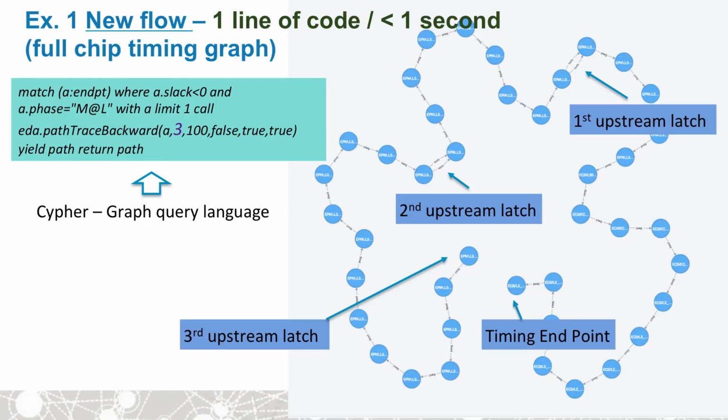Now in the new flow using Neo4j, now that we've got all of the data imported into a live graph database, everything I described in the prior chart can be accomplished with one line of Cypher code, and it executes in 1 second. I mean, that, folks, is how you transform an industry. You go from an impossible to ask question because you don't have the data in the right format to a question you can answer in one line of code in 1 second.